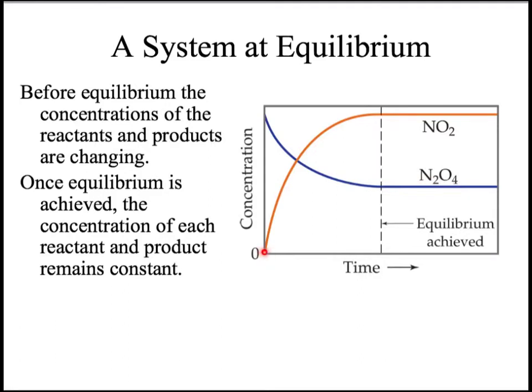Products generally start at 0, and as you let the reaction go, products are formed from reactants until you hit equilibrium and the concentration remains the same at a plateau. It doesn't mean that NO2 isn't being turned into N2O4, or N2O4 isn't being turned into NO2. What it means is you don't see a change in the concentration. There's no fluctuation in that property.